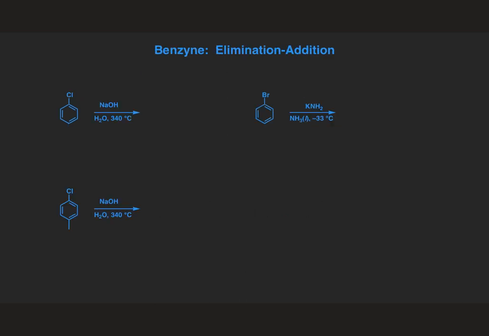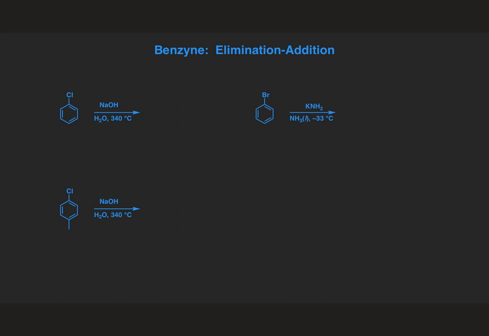There is a second type of nucleophilic aromatic substitution that is known as the benzyne reaction. This reaction proceeds through an elimination-addition reaction. So SNAr was the opposite order. It added and then eliminated. In benzyne reactions, we see elimination-addition.